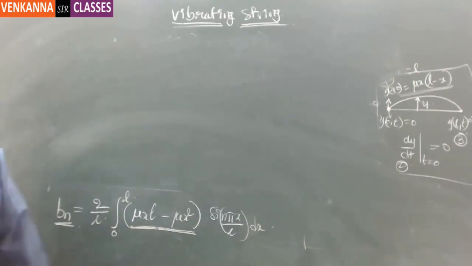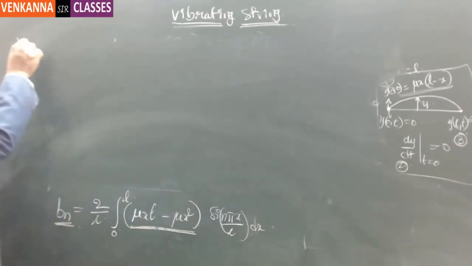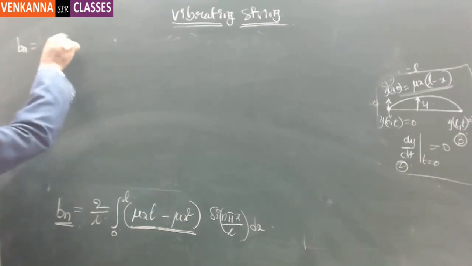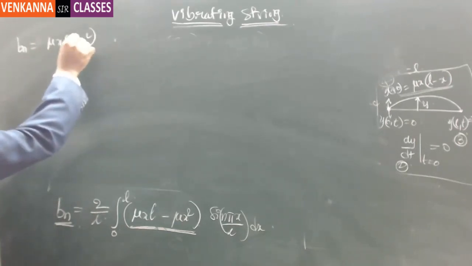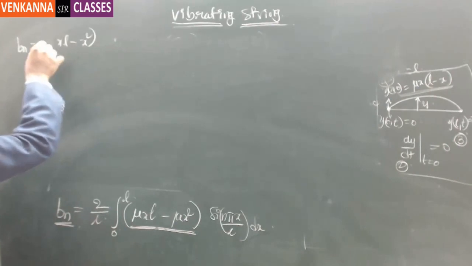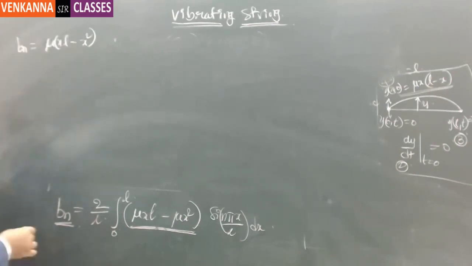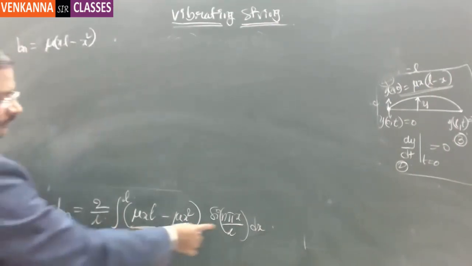So Bn is equal to, where u is mu x into L minus x, that is mu(Lx minus x square), and v is the integral of sin(n pi x by L).